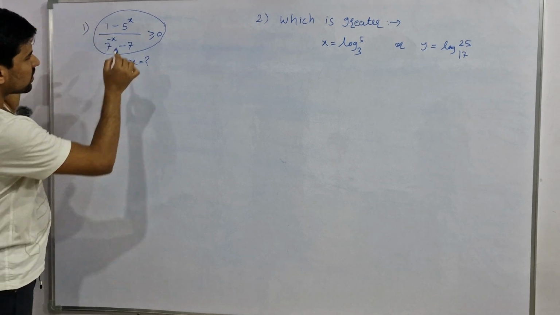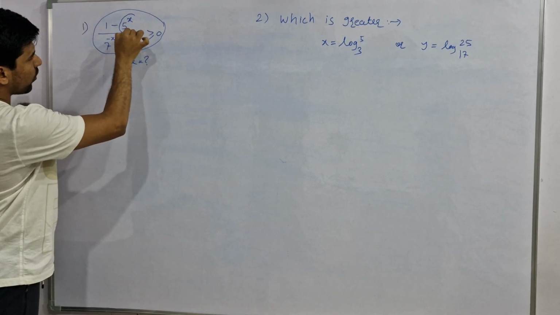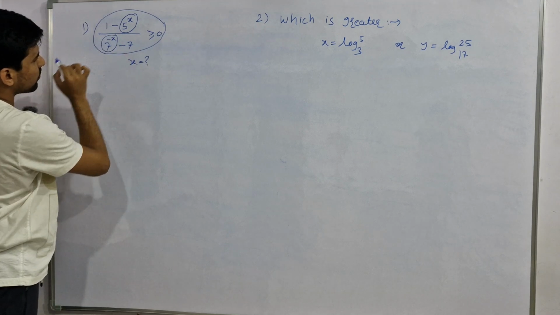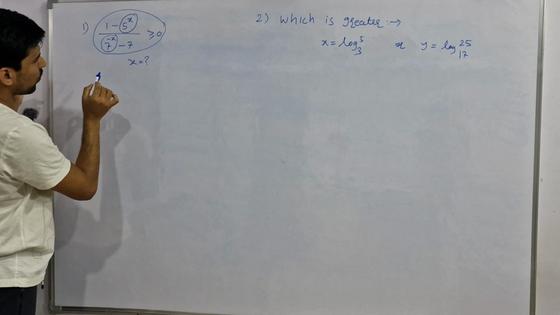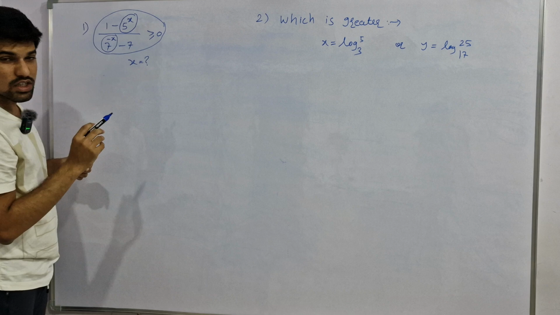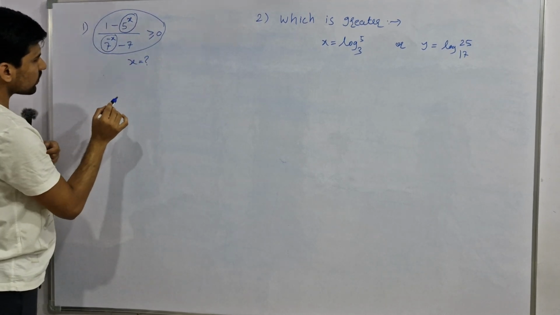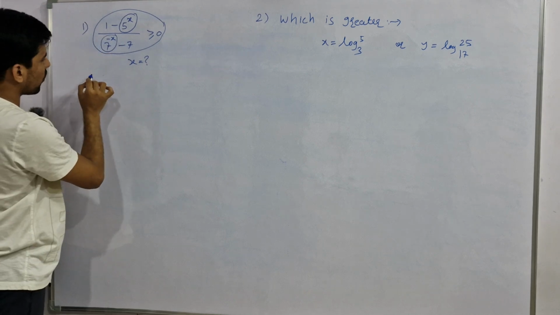Here this term has a negative value and this term involving x has a positive sign. So first we make this term positive. If we make this term positive, then what will happen?